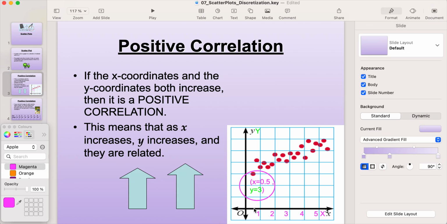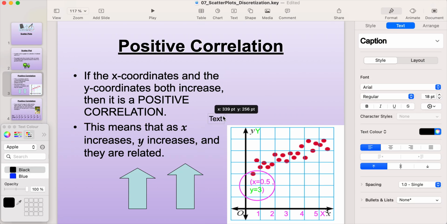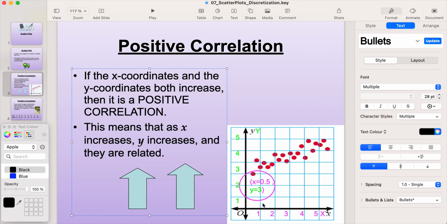That is how we get that this point right here is at 0.5, and the same for y. Okay, so that is how this point got over here.